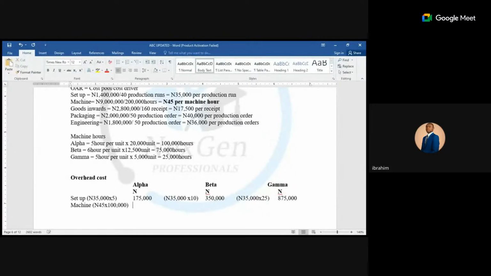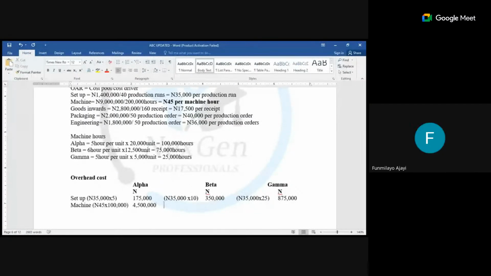You know that it is times 100. So what do we have? Figure 4.5, 4,500,000 naira, right?